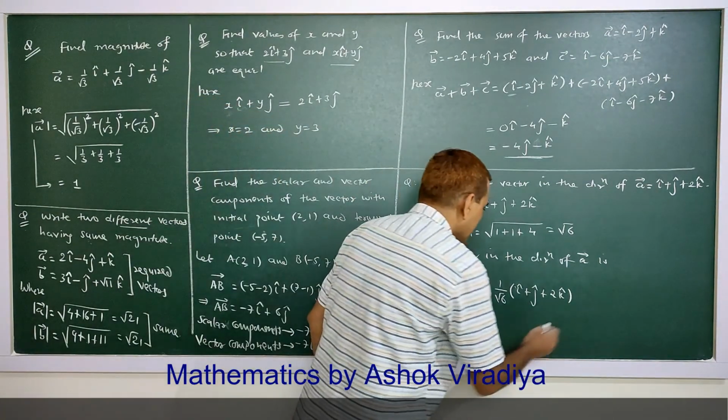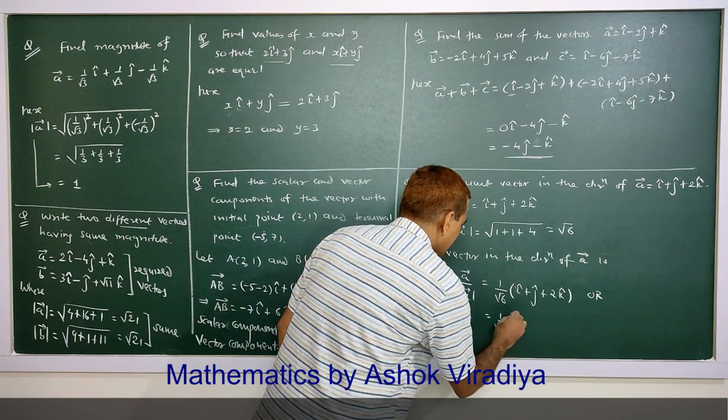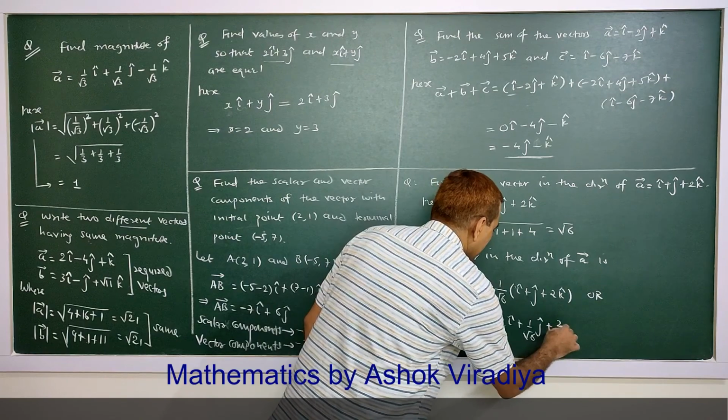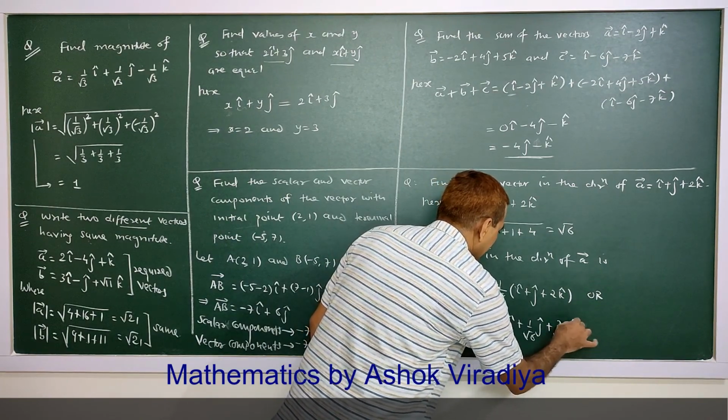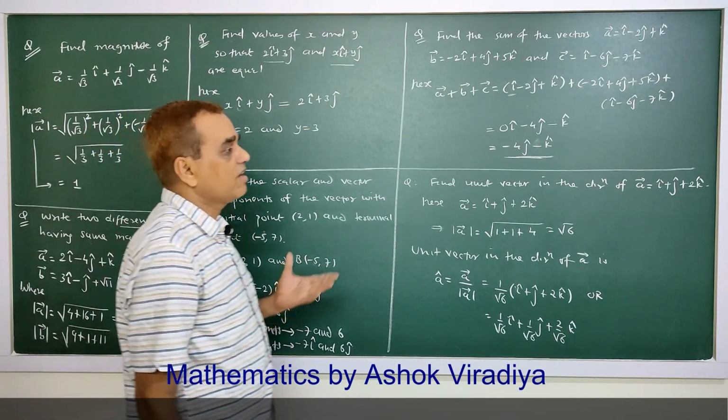This can also be expressed as 1 by root 6 i plus 1 by root 6 j plus 2 by root 6 k. This is the required unit vector in the direction of vector A.